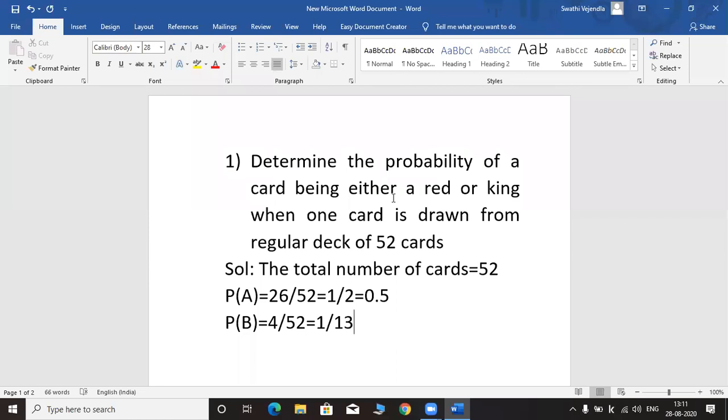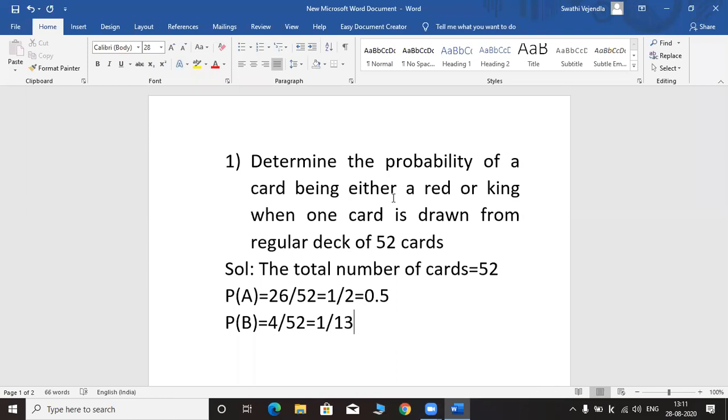this problem can be solved easily by applying which theorem? Can you identify the theorem? Already I explained 3 theorems in the previous classes. What are those 3 theorems? First theorem is addition theorem on probability. Second theorem is total probability theorem.